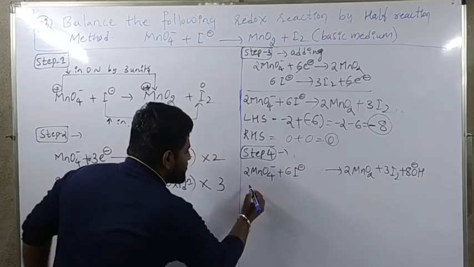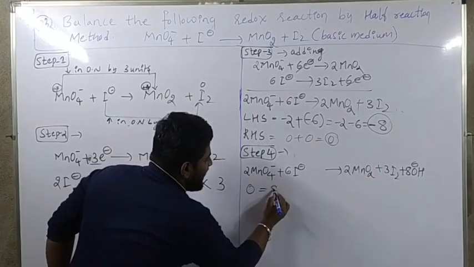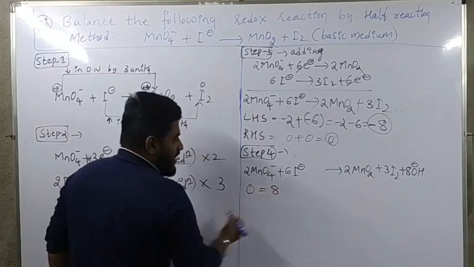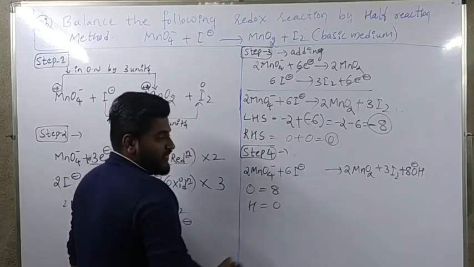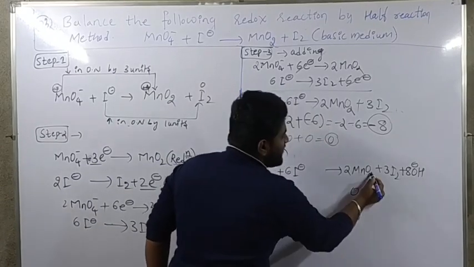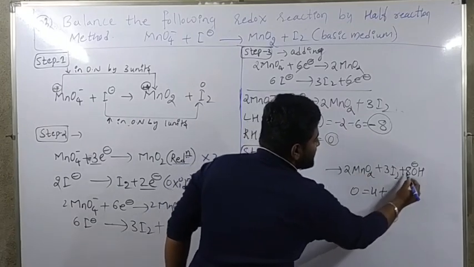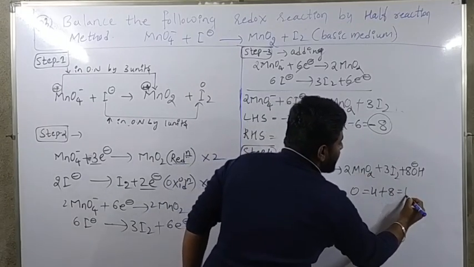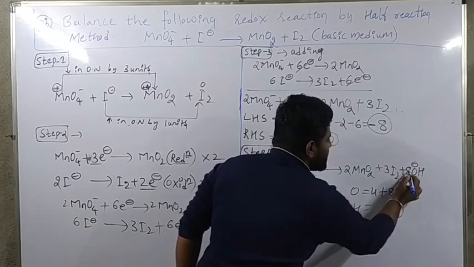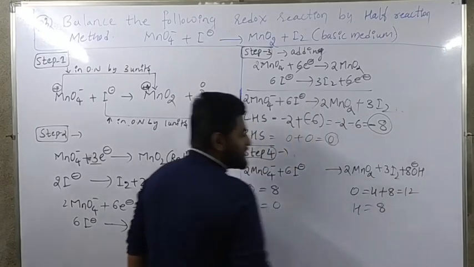Then calculate the number of oxygen. 4 2s are 8 oxygens are there. Hydrogens 0. This side, how many oxygens? 2 2s are 4 plus 8 1s are 8, total 12 oxygen. Hydrogens are 8 into 1, 8 hydrogens.